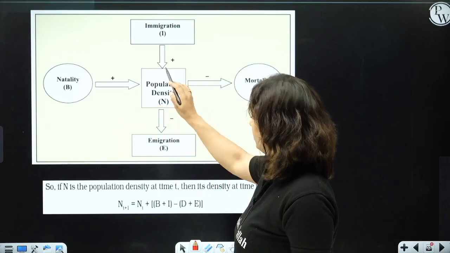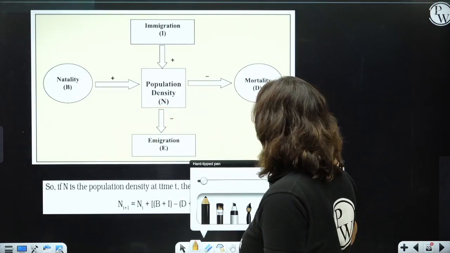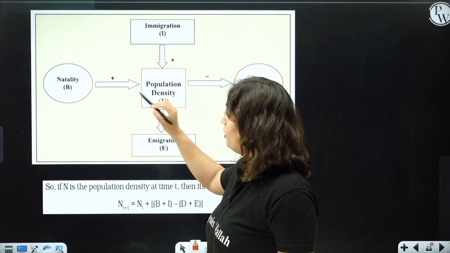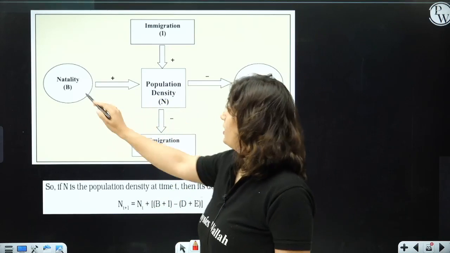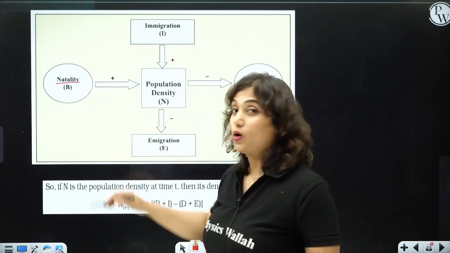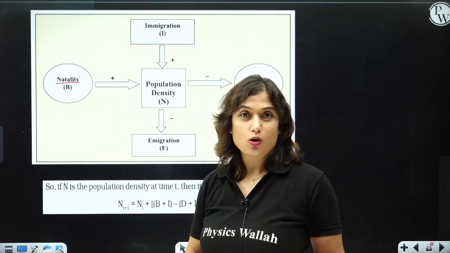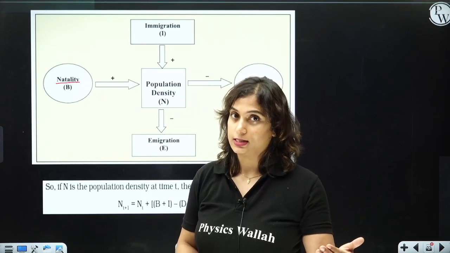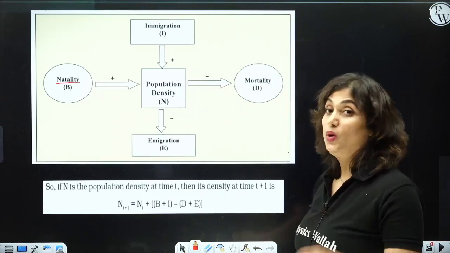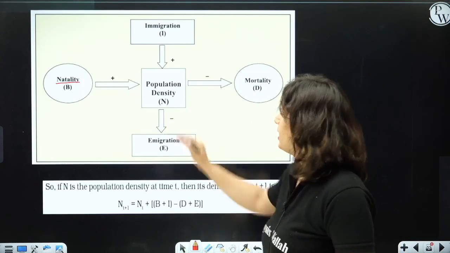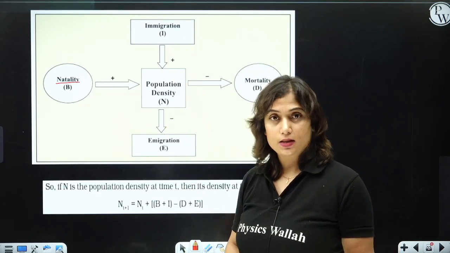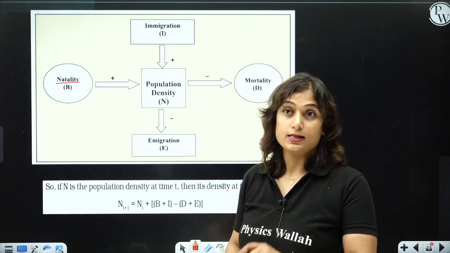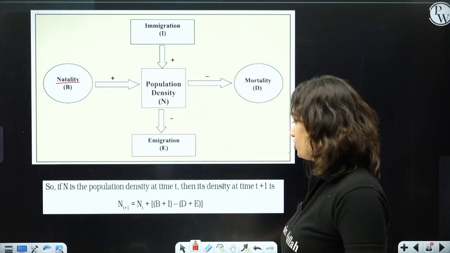To calculate the population density in a particular area, the natality or the birth rate will obviously increase the population density, but the mortality will decrease it. The immigration will increase the population density, while the emigration will decrease it. So these together control the population density.